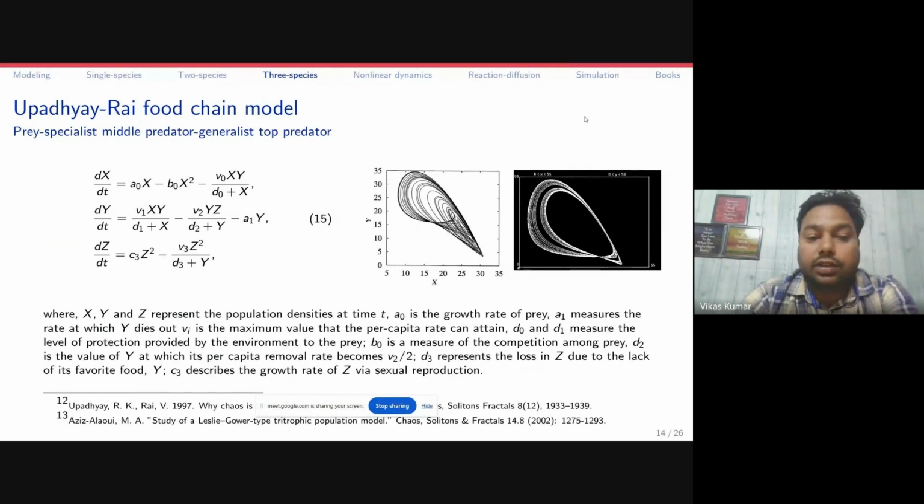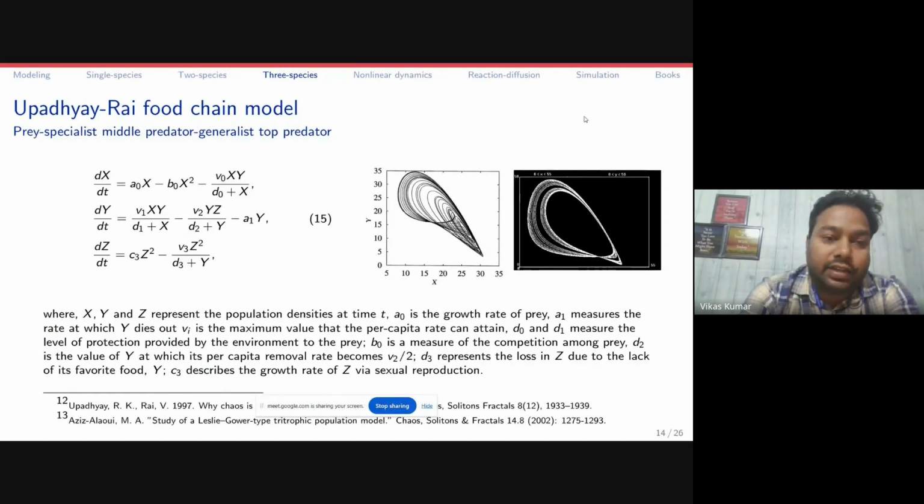They are not dying out due to their favorite food, the middle predator; they just sustain themselves with different alternative options. That was the major difference between these two models. And of course, it was also a chaotic model, and it was seen in 1997, after the Hastings and Powell model. So these two models were very popular in the past decades.